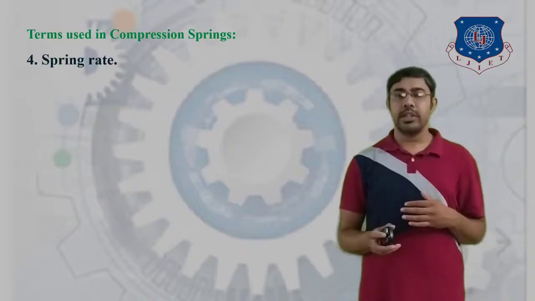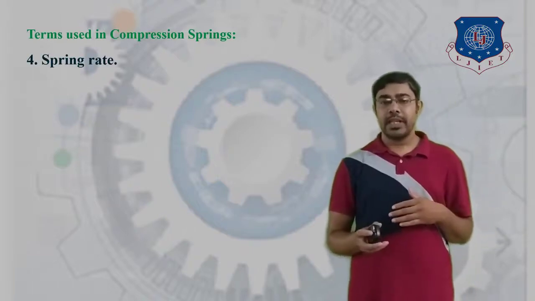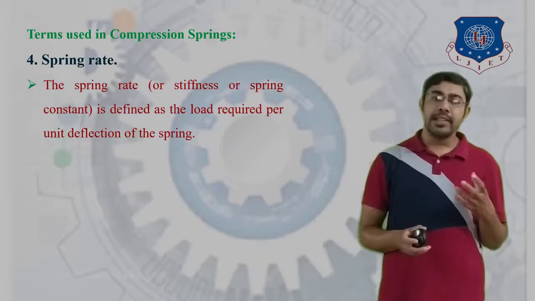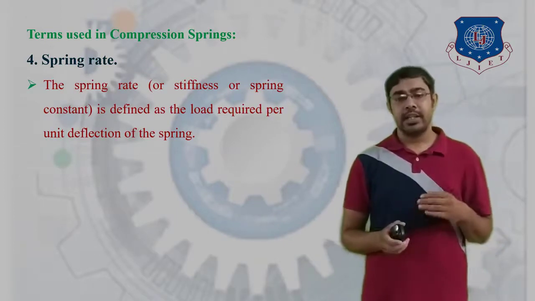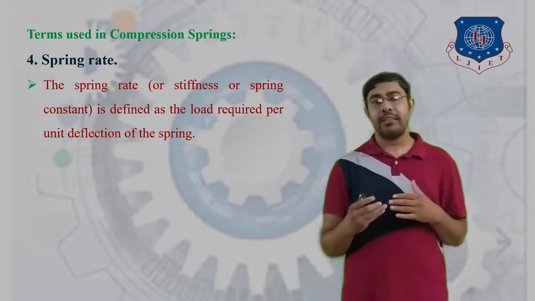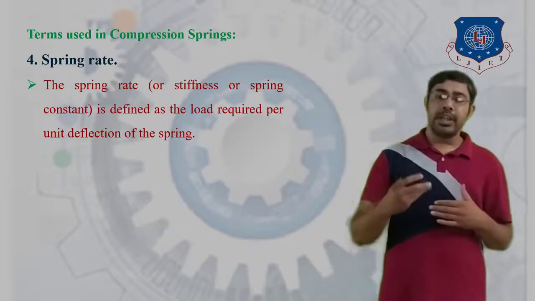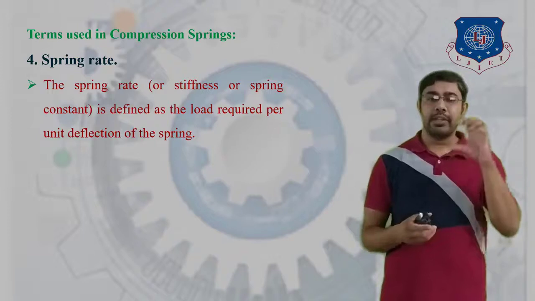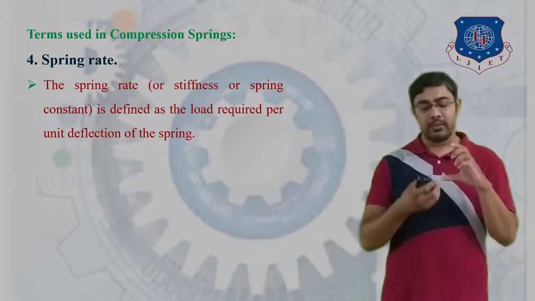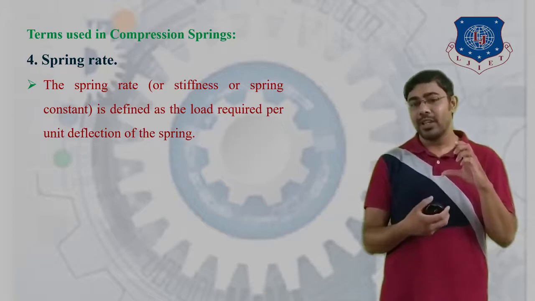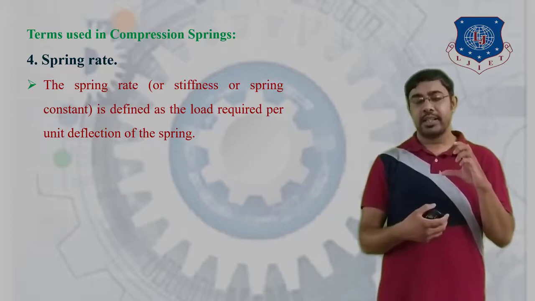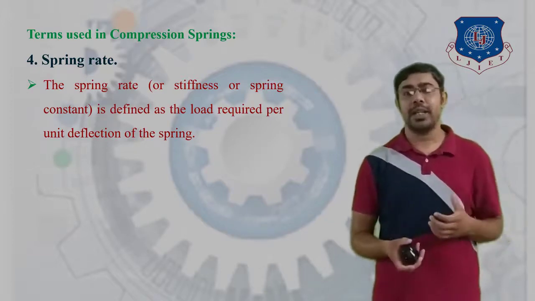Next terminology is spring rate. Spring rate, or you can say the stiffness of spring or spring constant, is defined as the load required per unit deflection of the spring. For unit deflection of that spring, whatever load is required is nothing but the spring rate or spring constant.